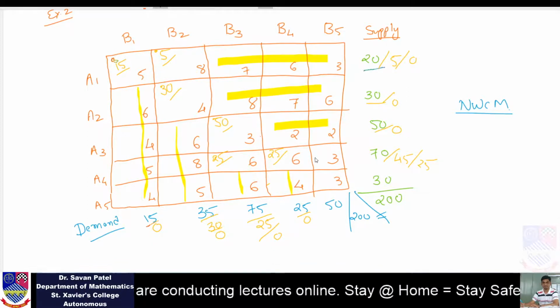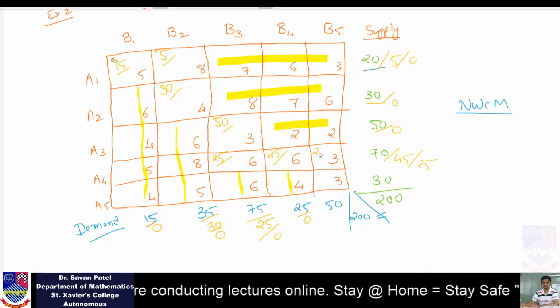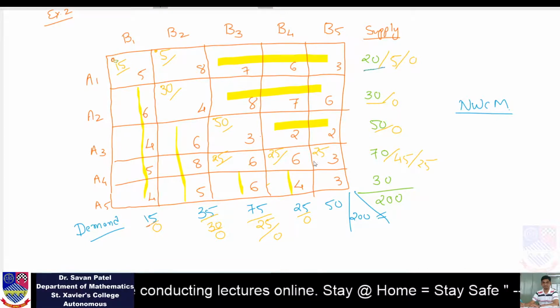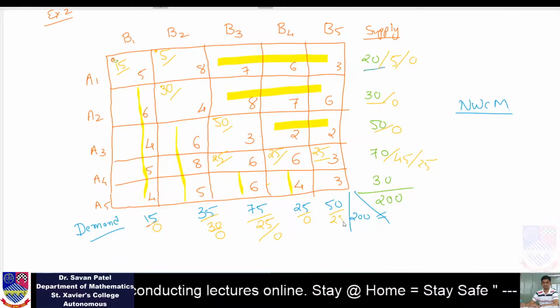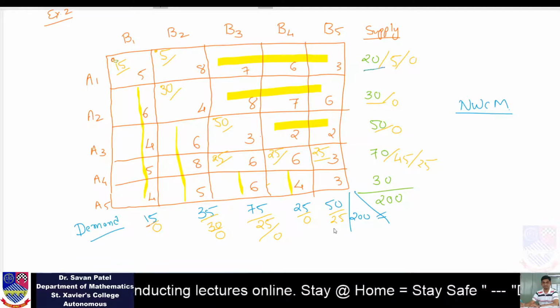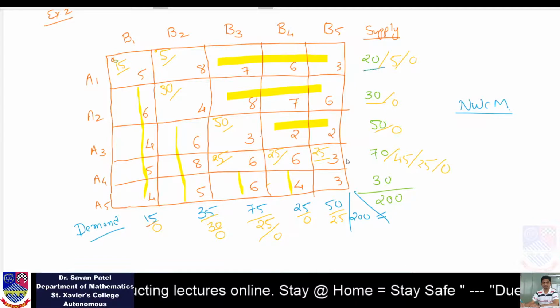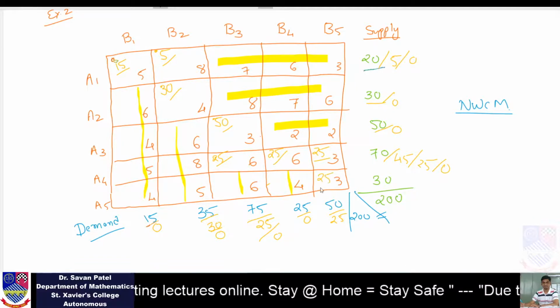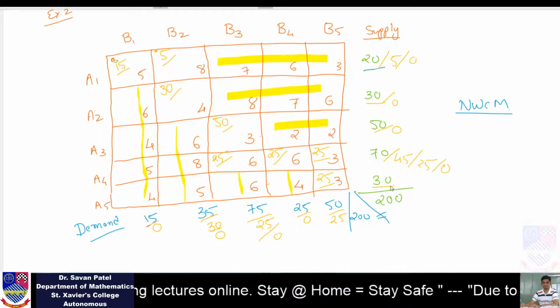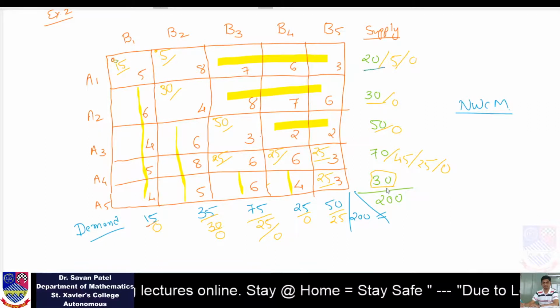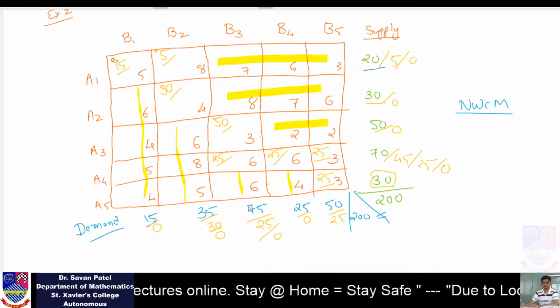Now here we are left with 25 units, so we will transport 25 units here. So we are left with 25, and here 25. So this is 0, and here we have to write 25 to make this 50. So some mistake.